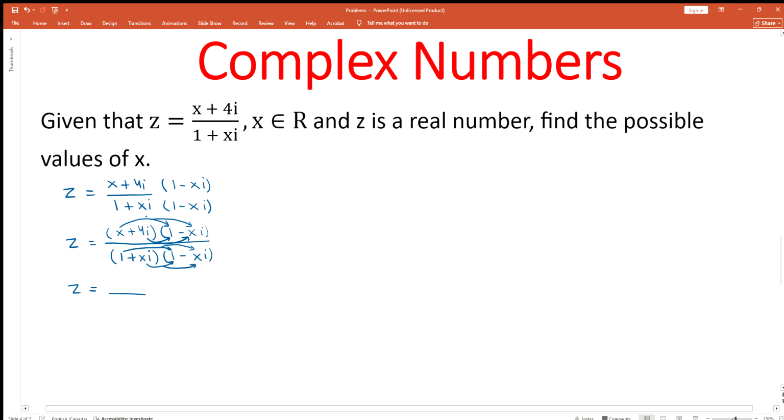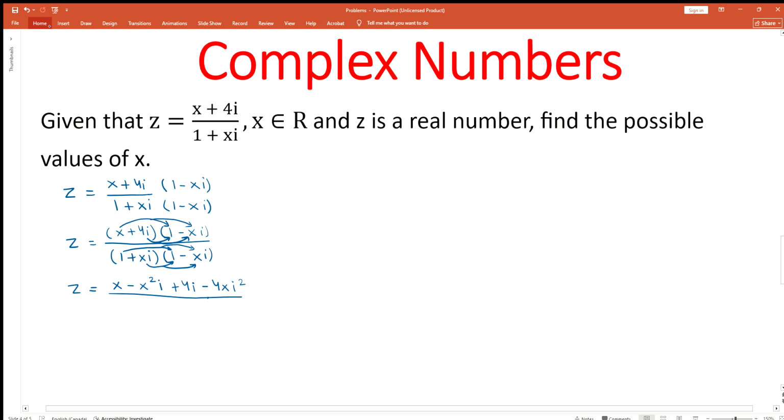In the numerator, we do x times 1, which is x. Then we do x times negative xi, which is equal to negative x squared i. Then we do 4i times 1, which is equal to 4i. And then we do 4i times negative xi, which is equal to negative 4x i squared, because i times i is equal to i squared.